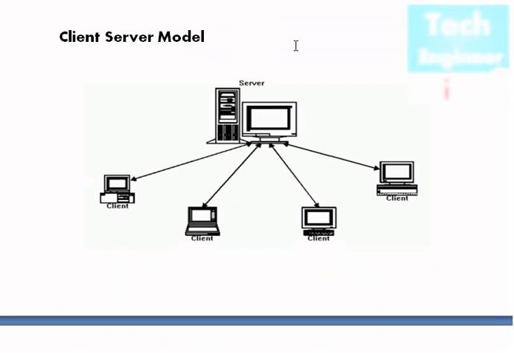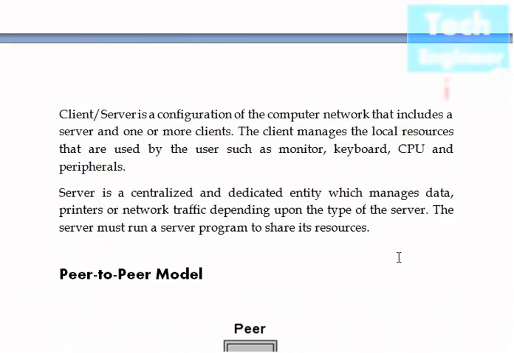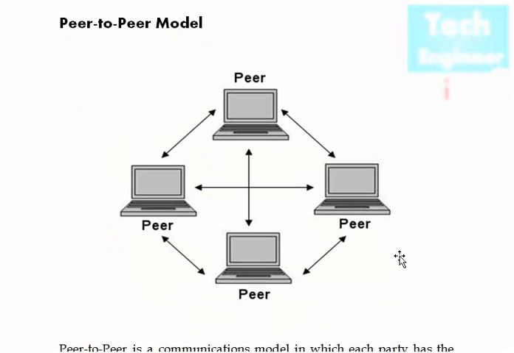In the client-server model, one computer, either server or a client, gets the authentication and the administrative rights of the whole network. So one network is centralized for every single computer, and it depends upon what they are.